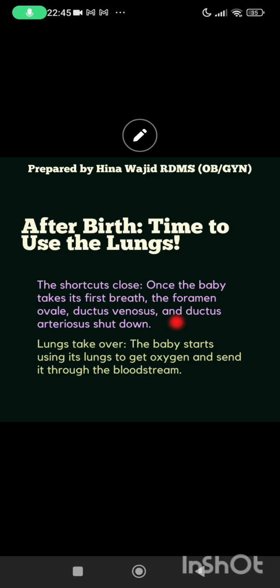So once the baby starts breathing, foramen ovale, ductus venosus, ductus arteriosus, all these temporary shortcuts now shut down because now the body realizes that it's time for the lungs to take over, as there is no placenta and the baby needs oxygen. So lungs take over and the body starts using the lungs and they start performing their function.